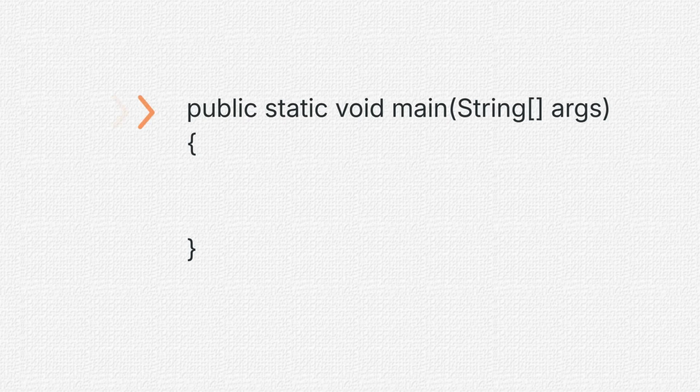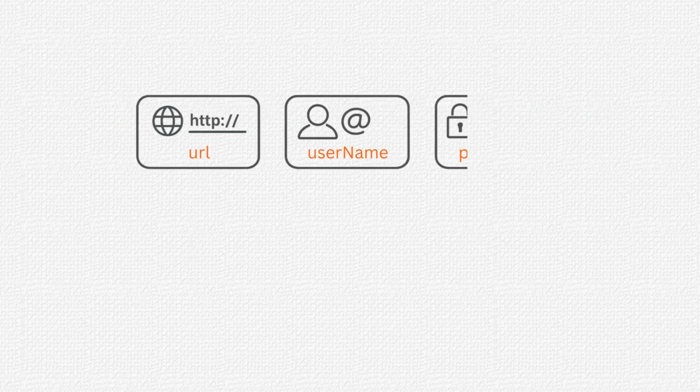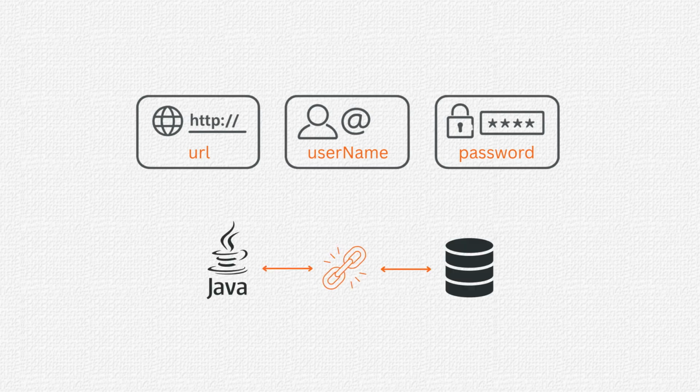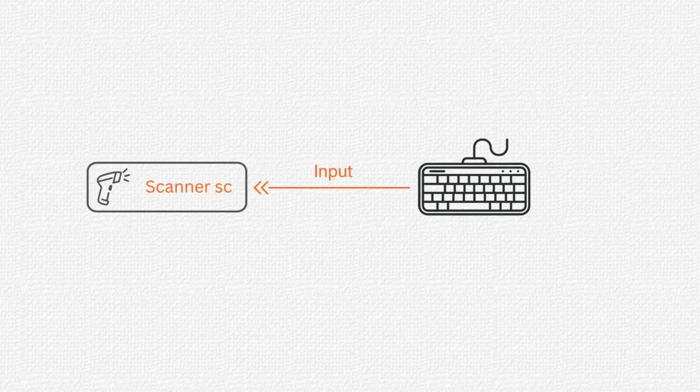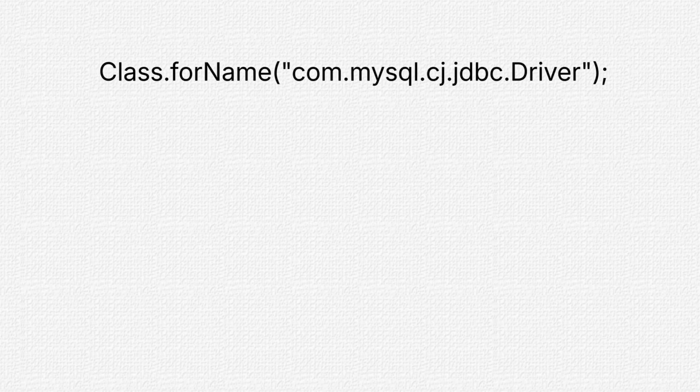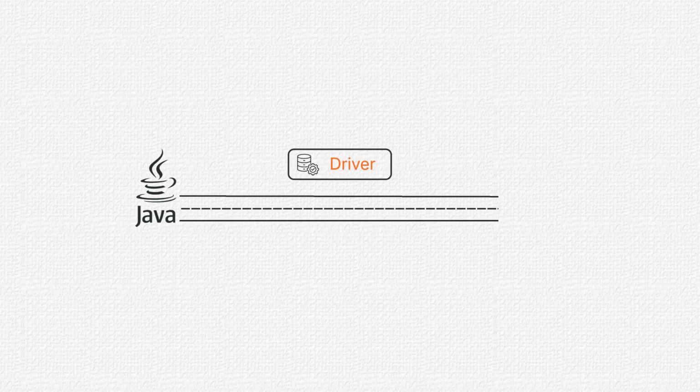As soon as the main method starts, the variables URL, username and password are created to store the database connection details. Next, the Scanner sc object is created to receive user input from the keyboard. After that, the Class.forName method loads the MySQL JDBC driver into memory. This driver acts as a bridge between Java and MySQL.